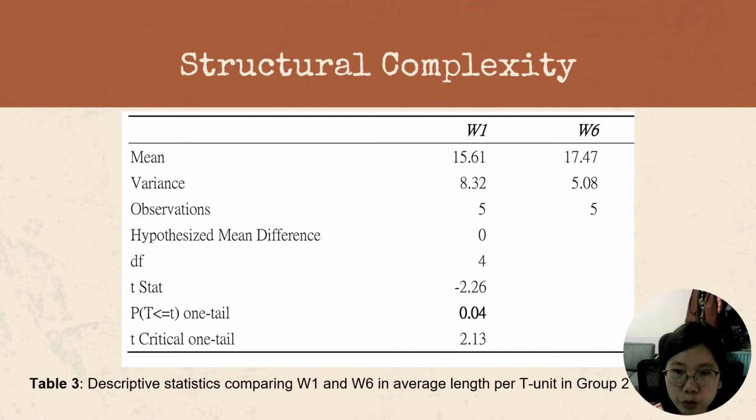And in group 2, there is a significant difference between week 1 and week 6. It shows that the students have improved a lot in their structural complexity, and we can see the p-value is under 0.05.